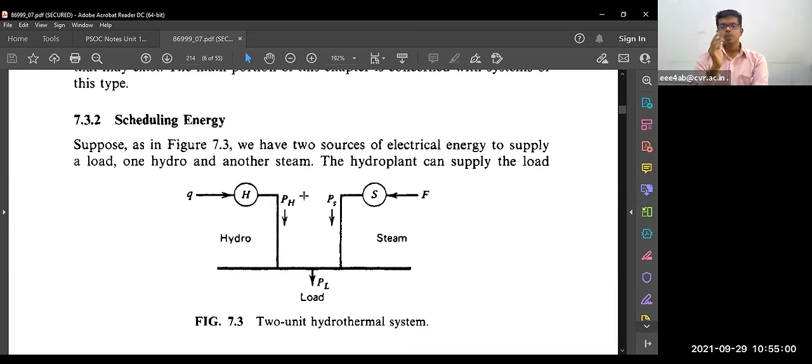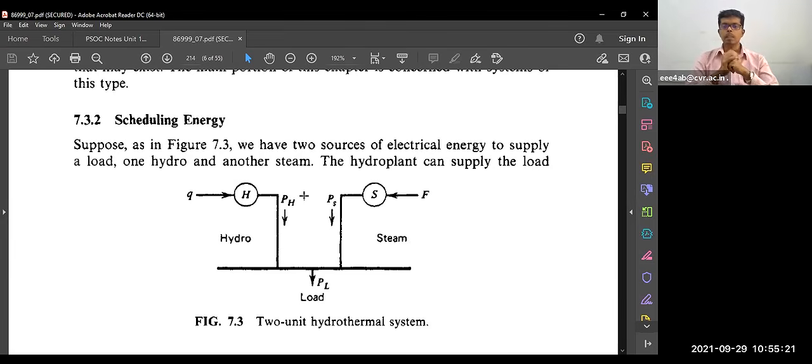Otherwise, if we schedule only the thermal power station for 24 hours in a day, scheduling the same power, then the steam power has to generate the whole 24 hours.